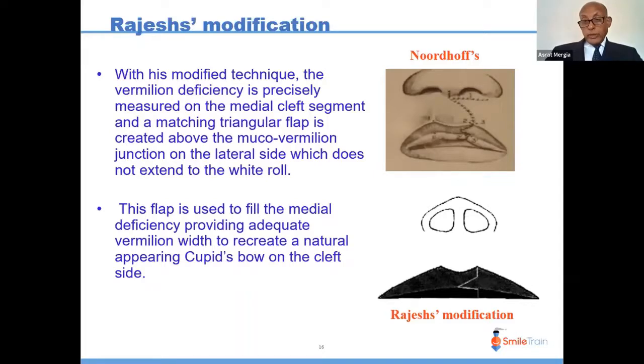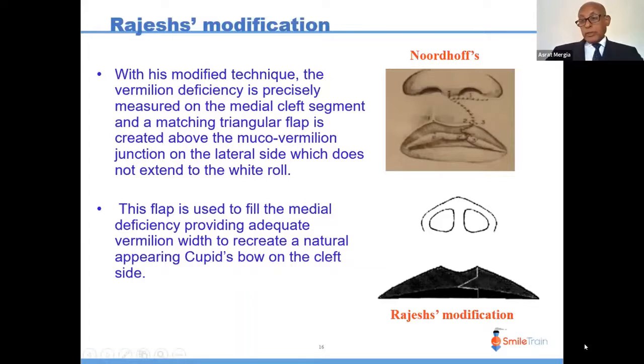And then he has not described how much bulk he is putting in this defect. So really the width deficiency is addressed, but the anterior posterior aspect, how it is addressed, I was not clear, and in the demonstration that was not really described.